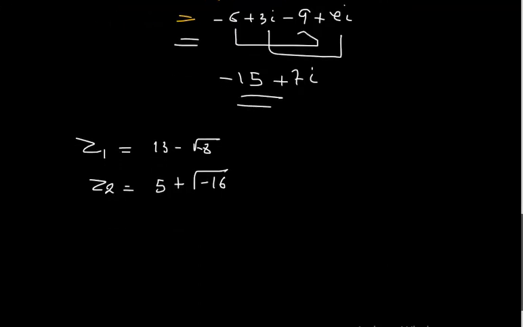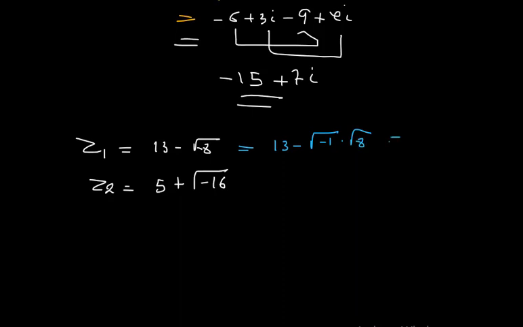Okay, so let's solve this one. The first thing that we need to do is change the imaginary part, the square root of negative 8, to the i form. Therefore, 13 minus the square root of negative 8 means the square root of negative 1 times the square root of 8.